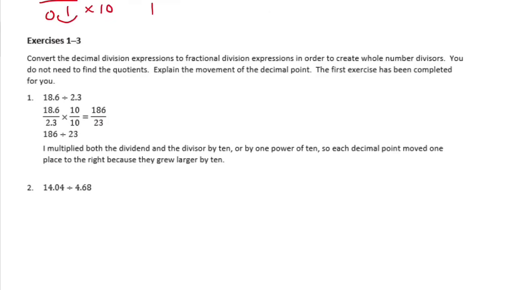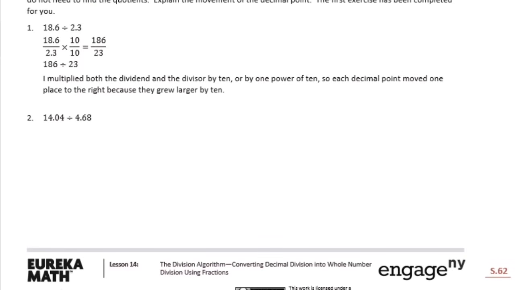Okay, so 14 and 4/100 divided by 4 and 68/100. So we need to make the divisor here, 4 and 68/100, into a whole number.